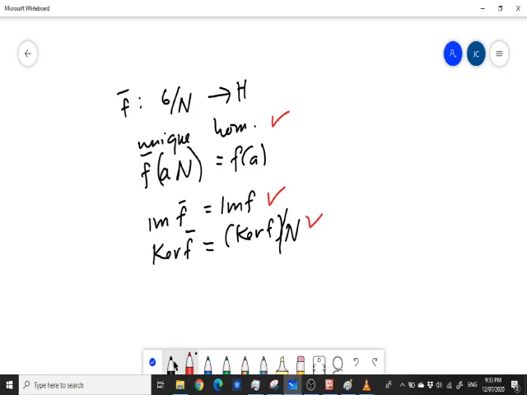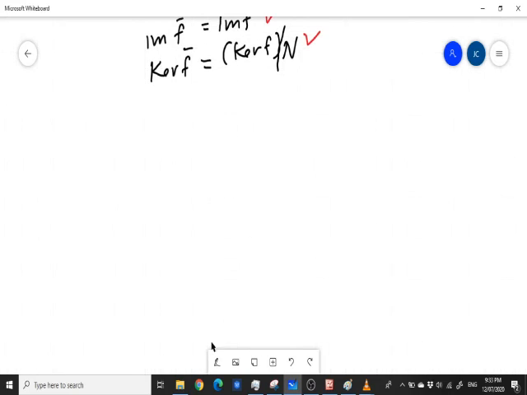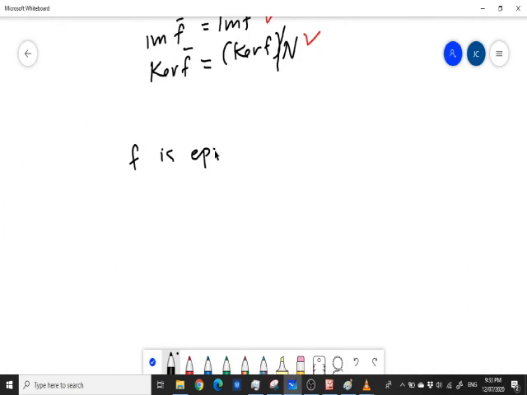We have shown two statements. We have shown that f is epi if and only if f bar is epi.